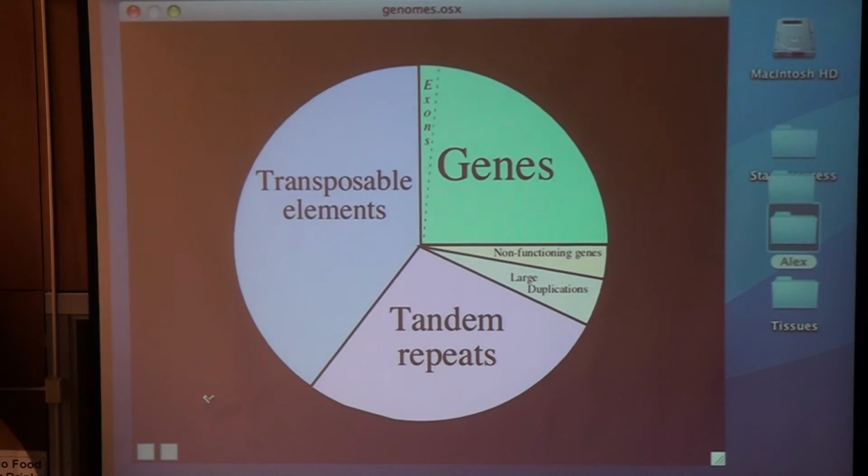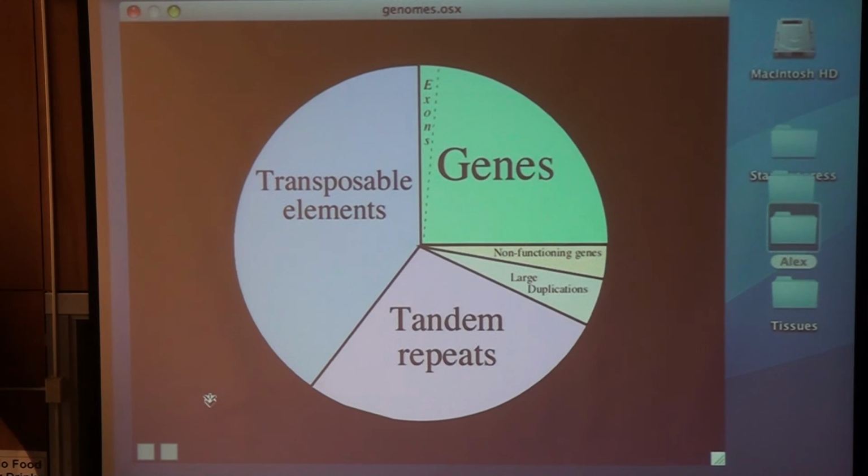But the biggest surprise was not that we had only 25,000 genes. The biggest surprise was how little of our genome, how little of our DNA was actually genes, encoding the proteins that we need for survival. It turns out that only around 25% of the genome is actually protein encoding genes.